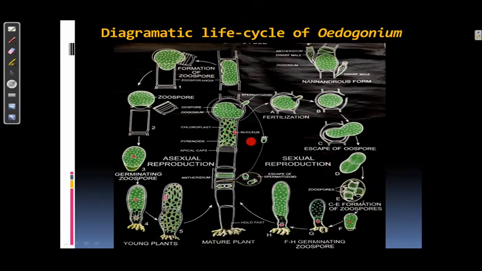This life cycle is found in macrandrous species, whereas in nannandrous form, the male filament is very small and it is formed by the germination of androspore. This is the only difference, otherwise it follows the same cycle. So this is the diagrammatic life cycle of Oedogonium.